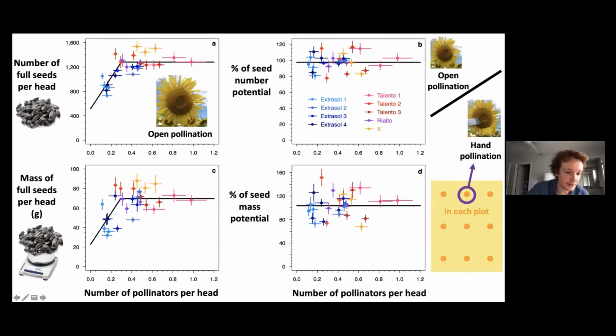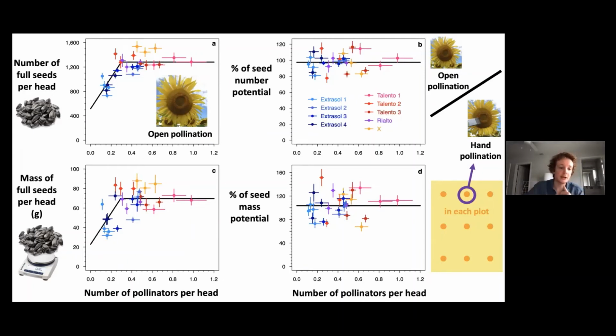Here, what we can see when there is an increase, for instance, of the mass of full seeds with the number of pollinators per head, is a correlation between the yields and the pollinator density. And the possible explanation is that the more a plant has a high yield potential, the more it will have a high number of florets or a high amount of nectar per floret, for instance.